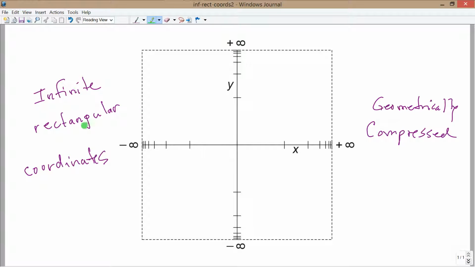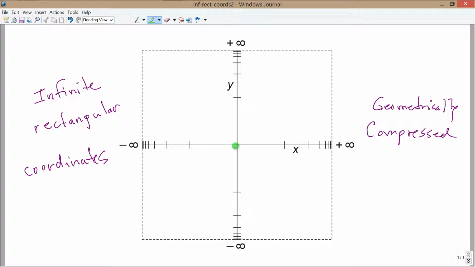I call it an infinite rectangular coordinate system in this case because instead of a polar plane, it is a rectangular plane. I wouldn't call it Cartesian exactly because I doubt that Rene Descartes thought this up or had any use for it at the time.